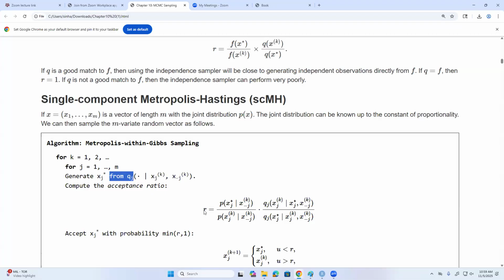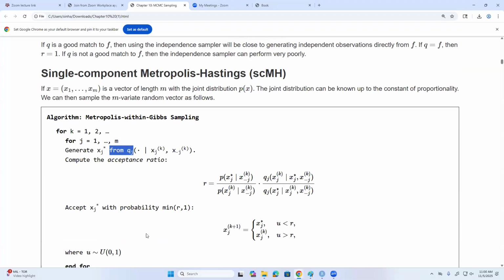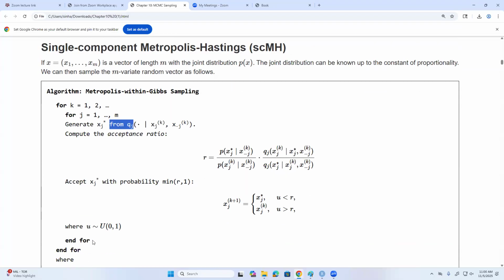Compute the acceptance ratio, and then you set the jth component at the k plus 1th iteration to be like this expression, depending on whether this random draw u is smaller than this acceptance probability or not. And then you do it for every j equal to 1 to m. So you have to repeat it for every component separately. And then you repeat this entire thing as many times as you want.